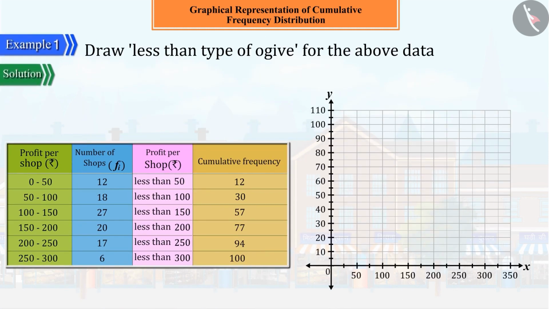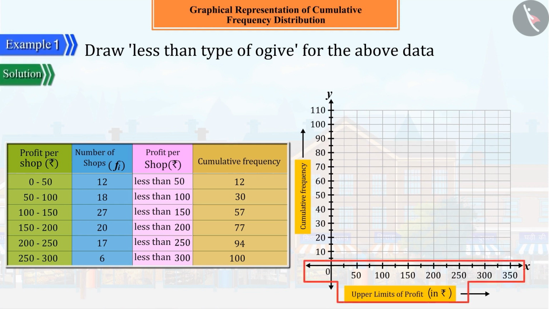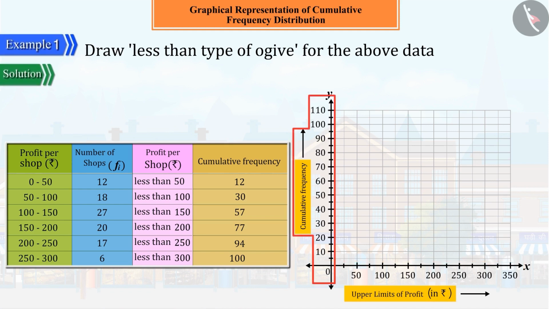To represent the data from the obtained distribution table graphically, mark the upper limits of profit on the x-axis in rupees and cumulative frequencies on the y-axis, where upper limits indicate profit and cumulative frequencies indicate the number of stores.